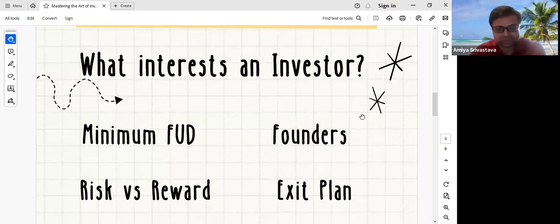And out of those 5 startups, let's say over a period of 3 months, they have to select one. So it's not about your startup for them. It's also about where should I put my money so that I can actually get the reward that I am expecting. And all of those other things, FUDs, founders, etc., are taken care of.